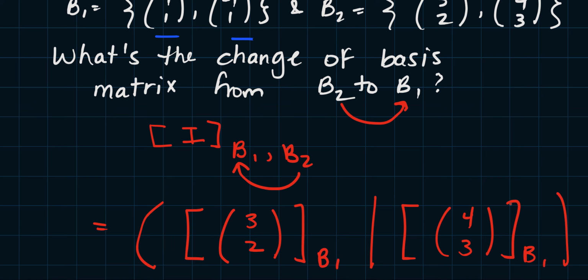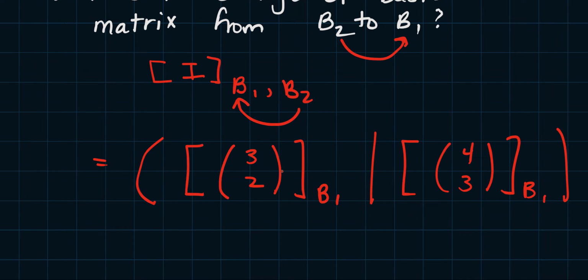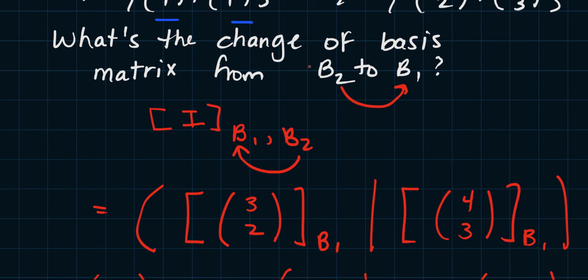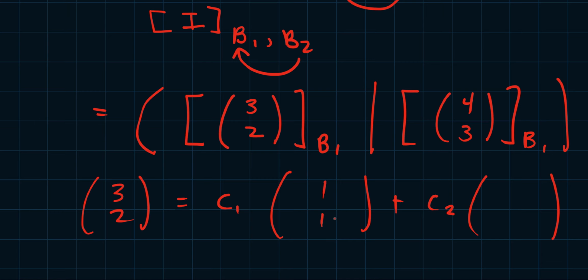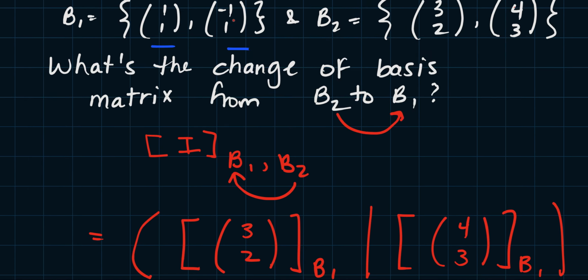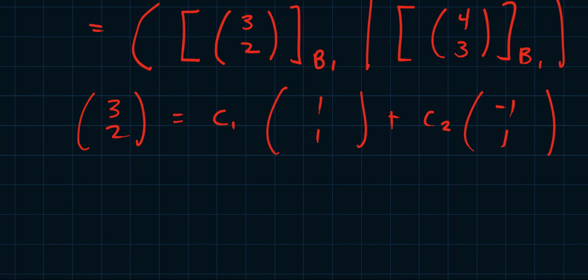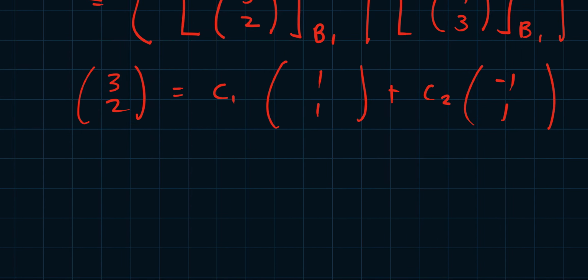So two ways to do this. First way is exactly what we did the last time, which is we take the vector 3, 2, and we try to figure out a C1 and a C2 where we put 1, 1 and negative 1, 1, the vectors from B1 in that order. So this time, we're going to solve for C1 and C2 by using this augmented matrix.